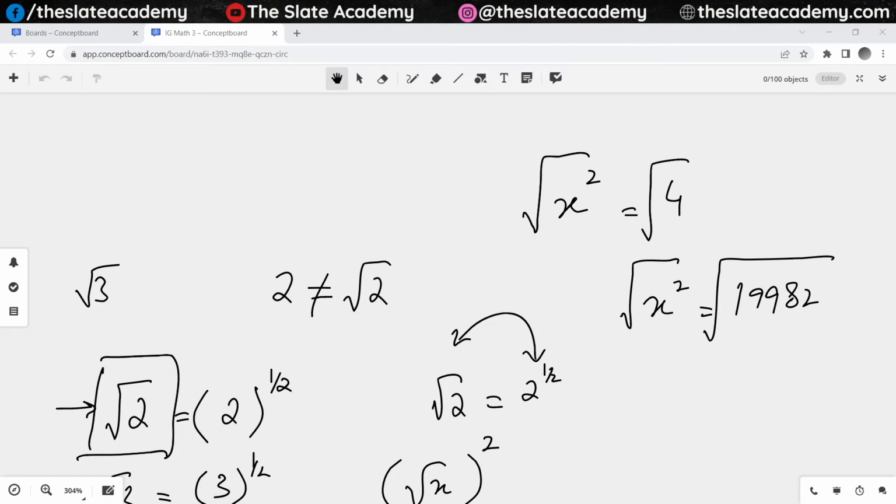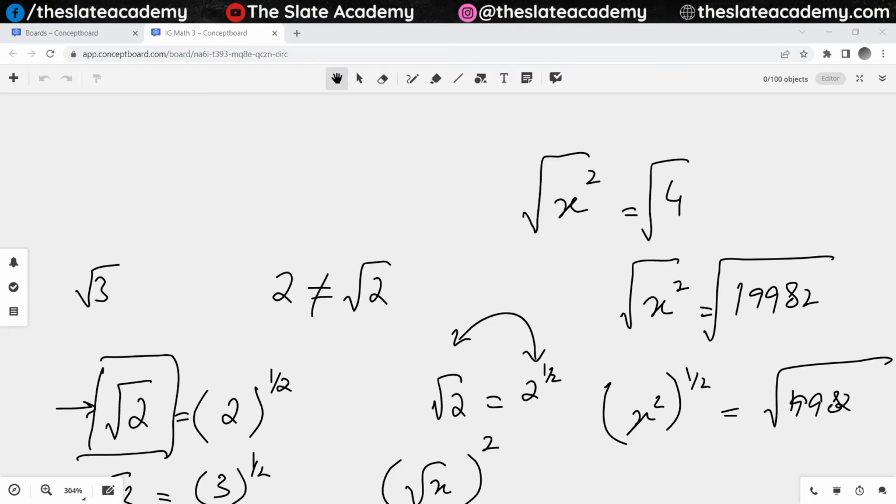Because x squared, and on top of that, if I take square root, that would mean I'm taking power 1 over 2. Are you following? And the other side, let me write as it is for now, 19982.